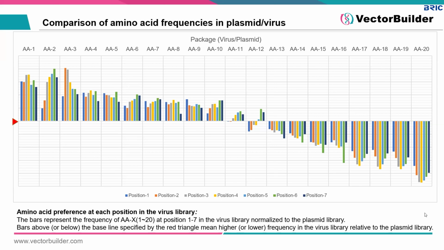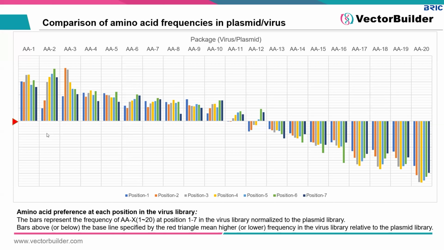Detailed analysis of the amino acid species and positions gives us a more in-depth understanding of sequence bias at the peptide level. The red triangles indicate the baseline of enrichment, and the bars show enrichment degrees. As shown in this diagram, favored and disfavored amino acids have different enrichment profiles.